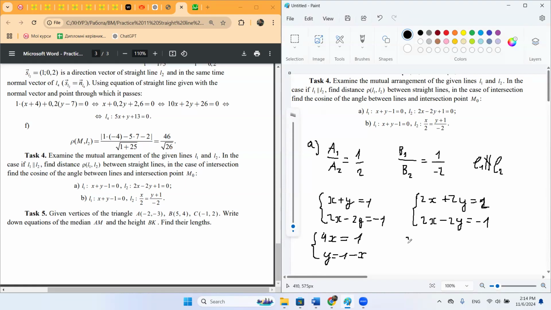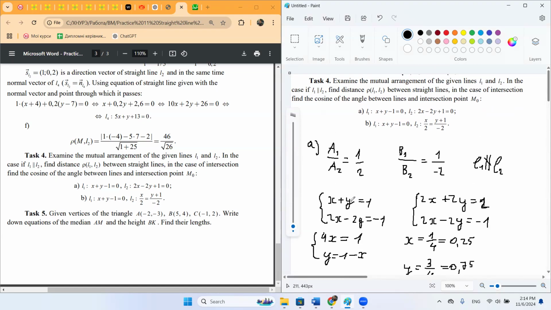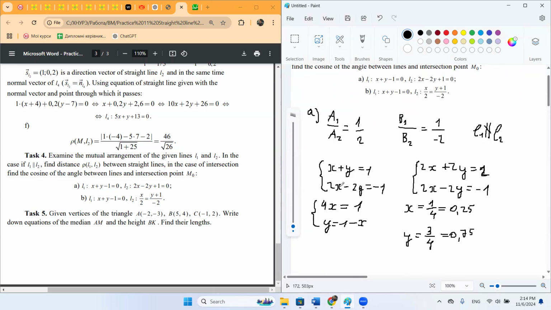So x = 1/4 or 0.25. So y = 3/4, so 0.75. By the way, let's verify. So correct. And here, 1.5 - 0.5 - 1.5, so -1.